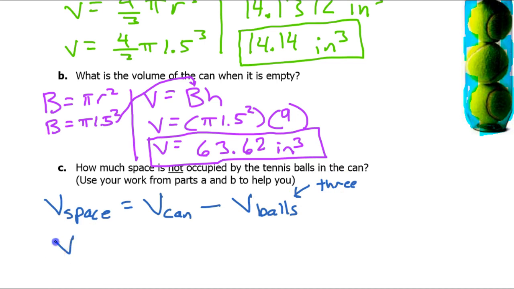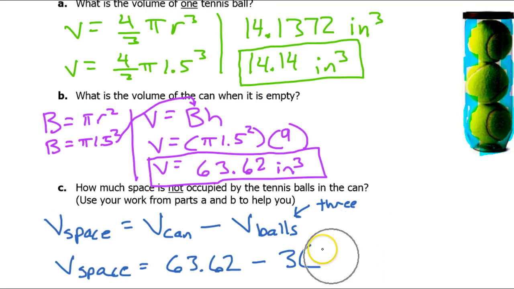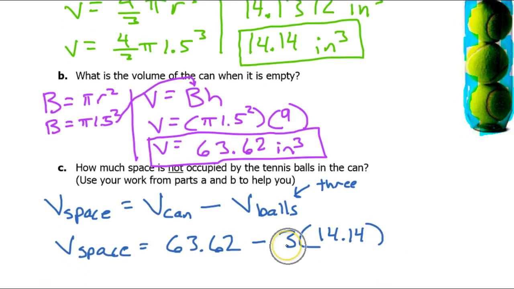So the volume of the space is going to equal the volume of the empty can, 63.62, minus the volume of 3 balls. A single ball has a volume of 14.14, but I went ahead and tripled it because there's 3 of them. That's why there's a 3 right here. If I do this subtraction, that should be it.